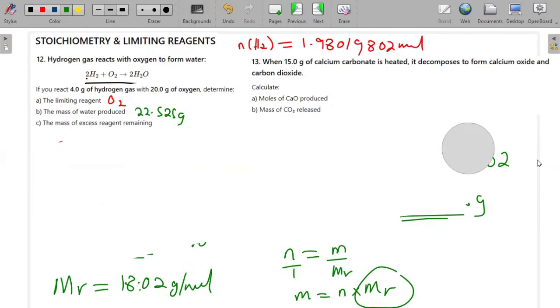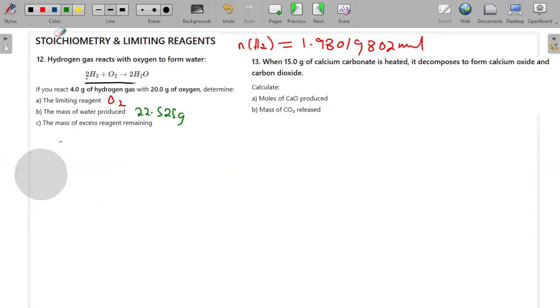Okay, so let's move to the next one. So the next one, they're saying determine the excess reagent remaining. Okay, so we know that the moles of oxygen were just 0.625 moles, right?